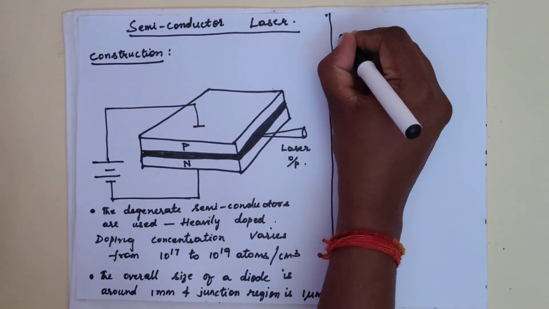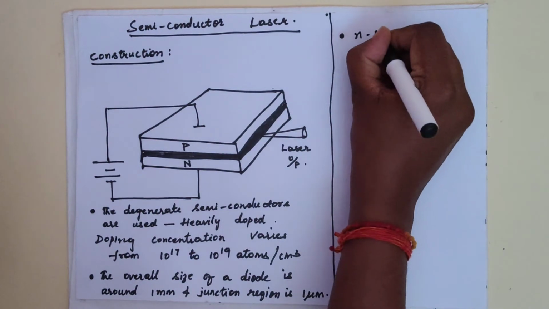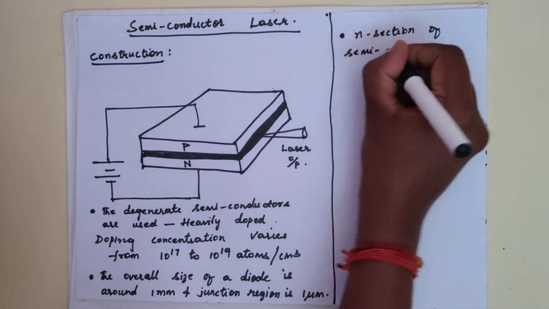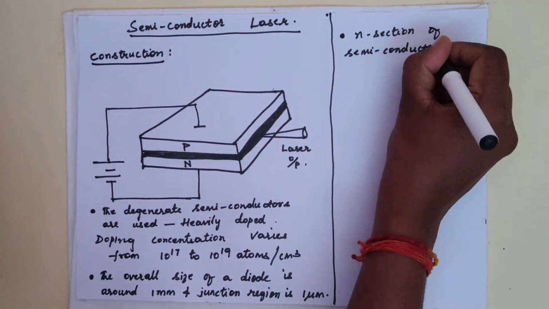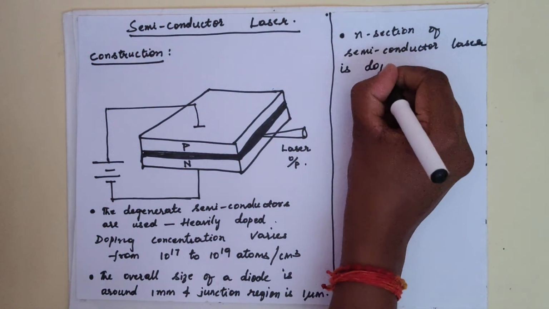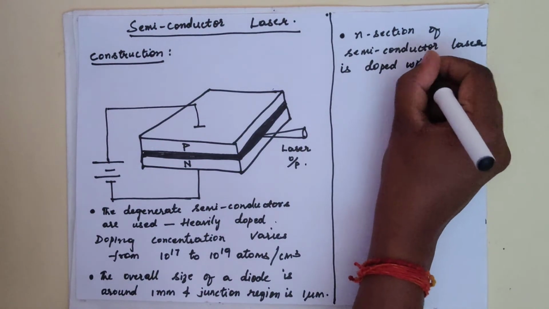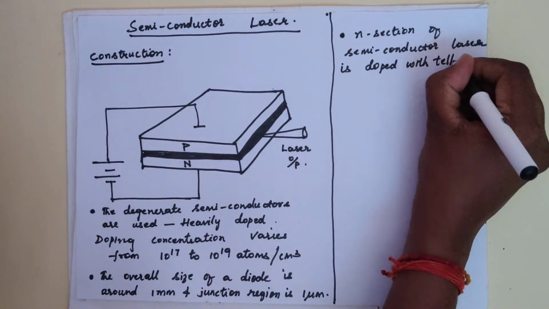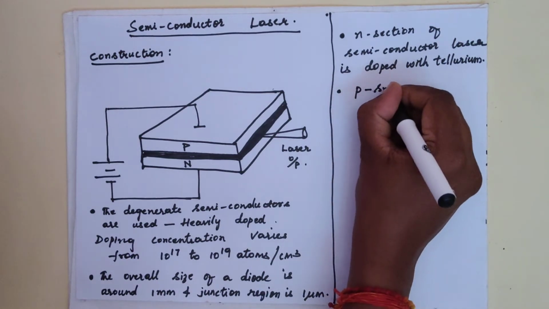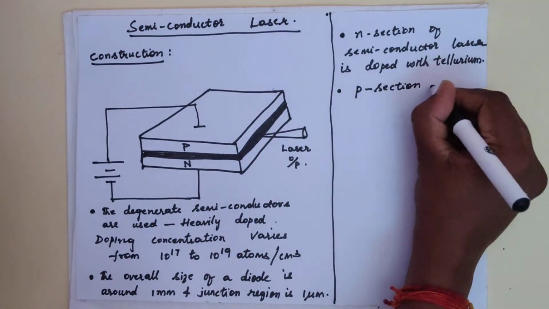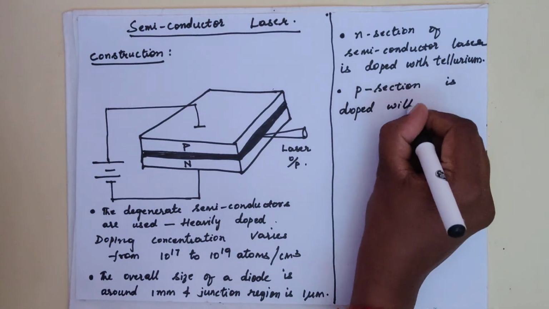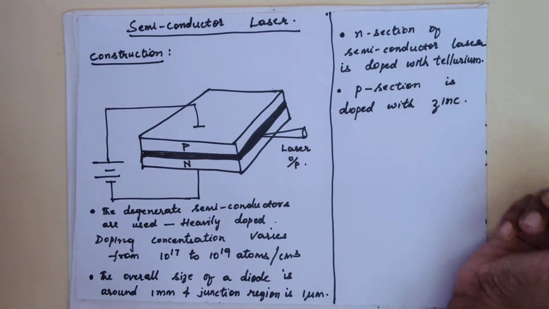The N section of the semiconductor laser is doped with tellurium material, and the P section is doped with zinc material.